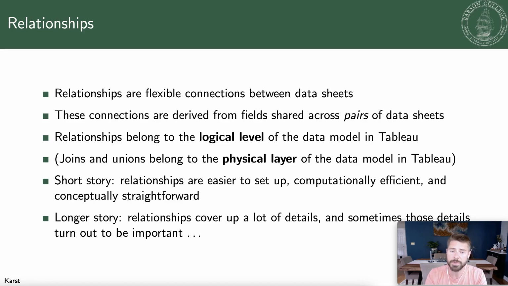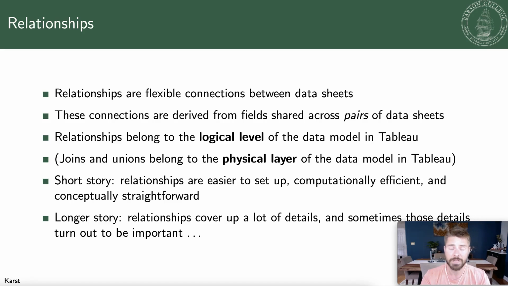So a relationship is a flexible connection between data sheets. By flexible, we mean you have to specify how these things are connected, but they are never formally connected in the background. It's just a logical connection. For this reason, Tableau makes a distinction between the logical layer, where relationships live, and the physical layer, where joins and unions live.